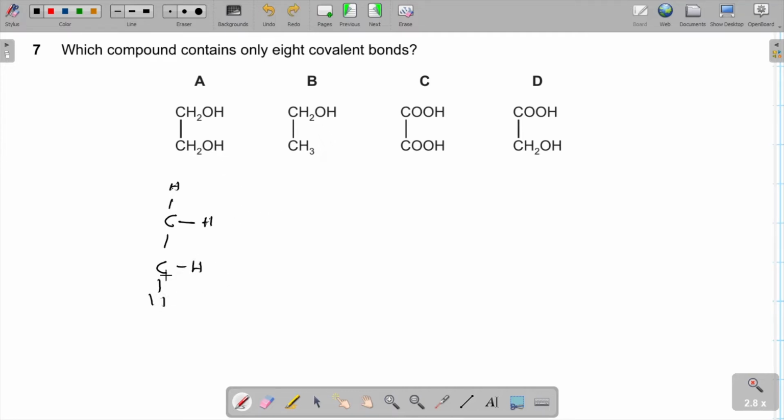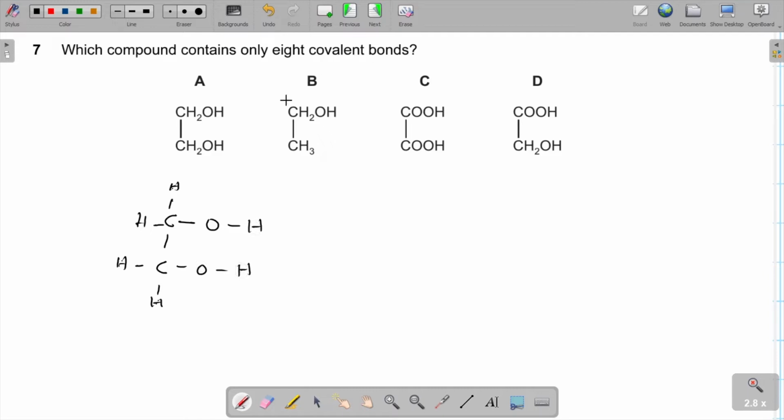We cannot draw the hydrogen atoms like this for this carbon. You have to draw it over here. For this one it's the same, so let's erase that and draw it here. So 2 hydrogen atoms, and then we have this carbon with an OH group.